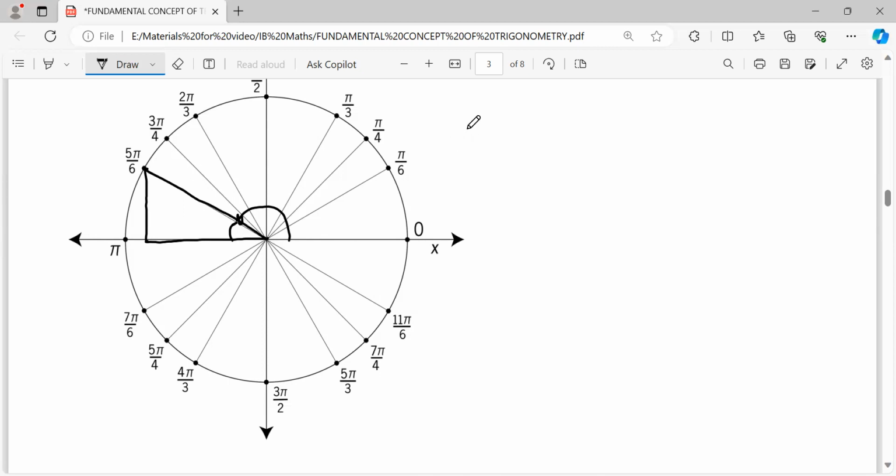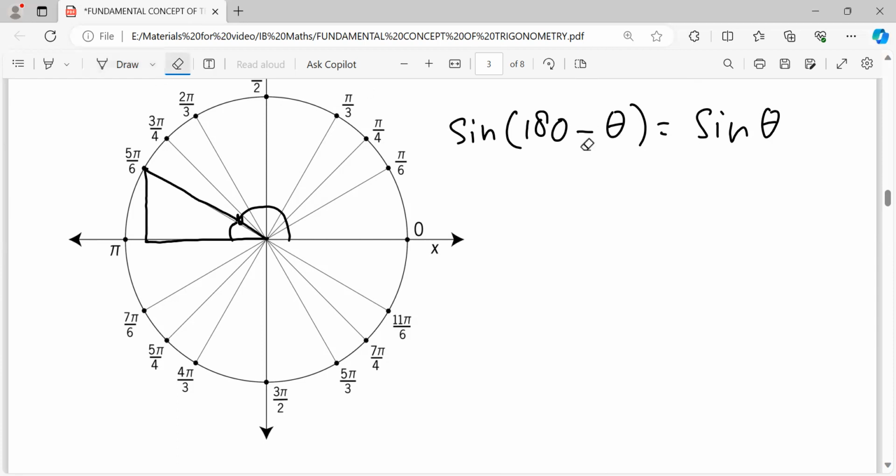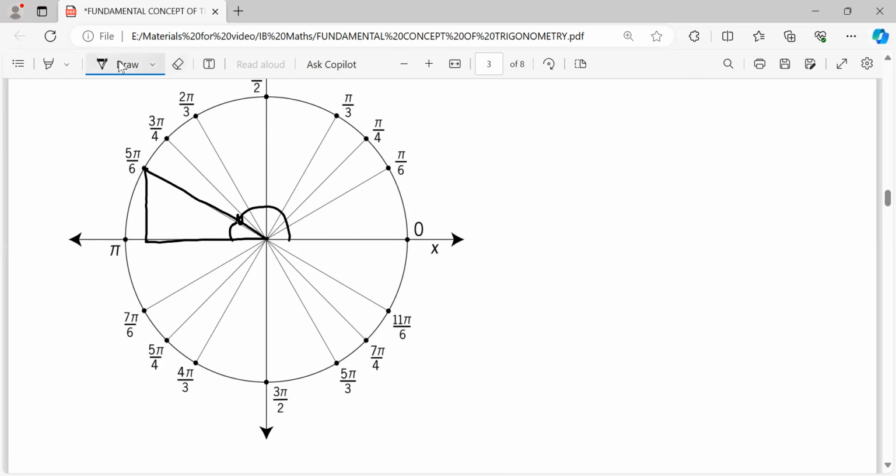If this is theta, recall that sine of 180 minus theta equals sine theta. Okay, I will determine the values, but first this is half, and negative square root 3 over 2, 1 here.